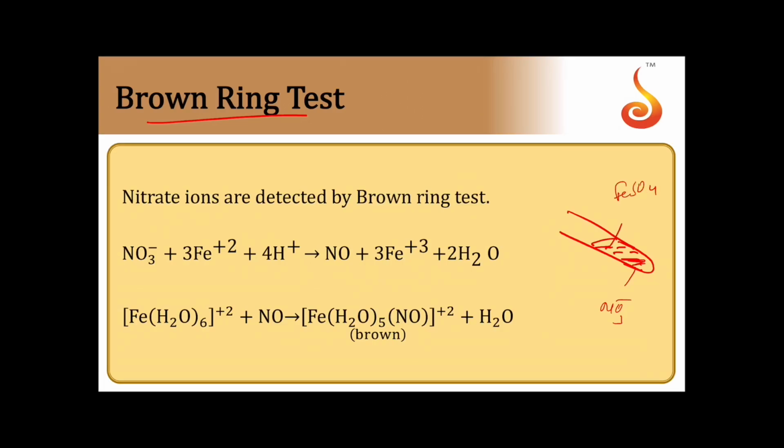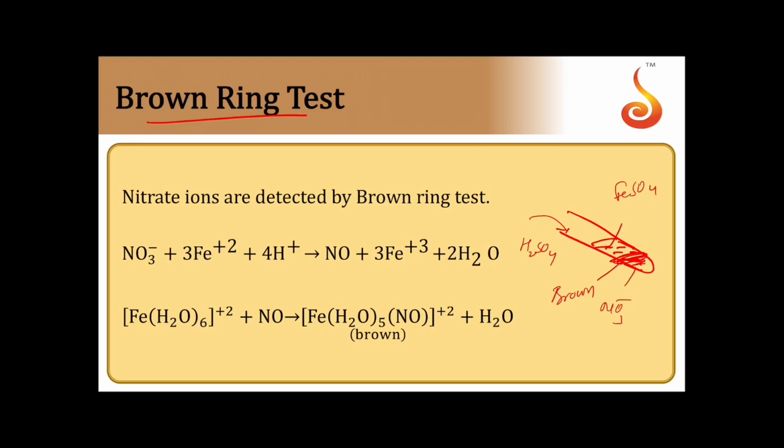Along the walls of the test tube, sulfuric acid is added. At the junction of these two layers, we can see a brown ring formation.